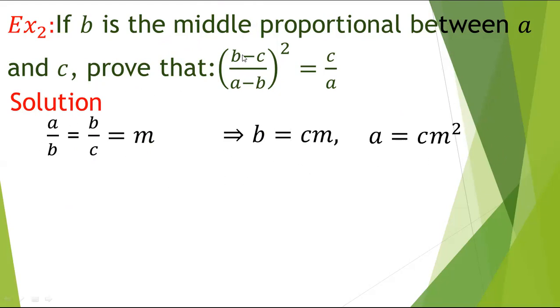Prove that B minus C divided by A minus B, all power 2, equals C over A.